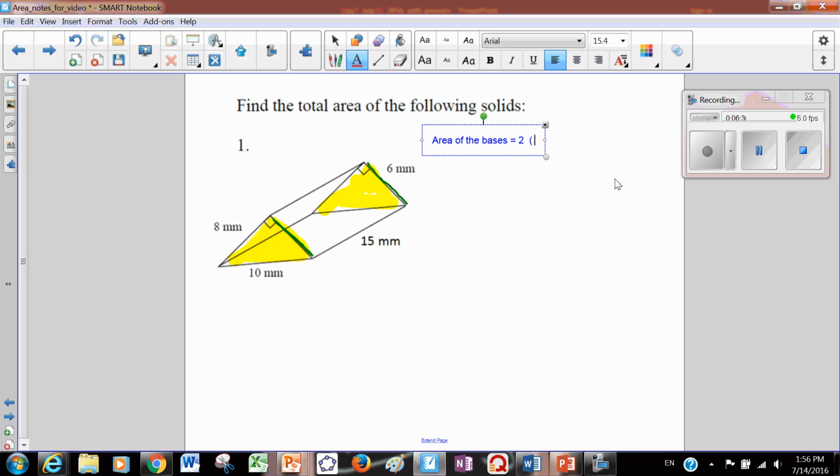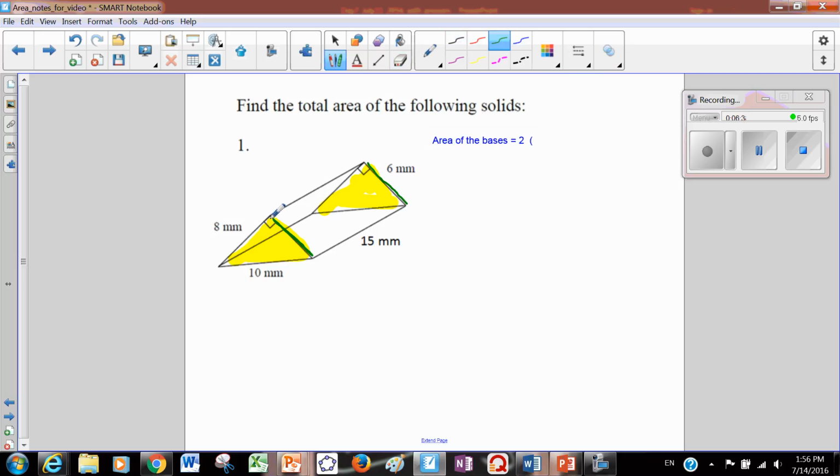How do we do the area of a triangle? It's base times height divided by 2. How do we know which one is the base and which one is the height? It's always 90 degrees. So here, I can see this is my base and this is my height. To find the area of a triangle, I'm going to do base times height and then divide by 2.